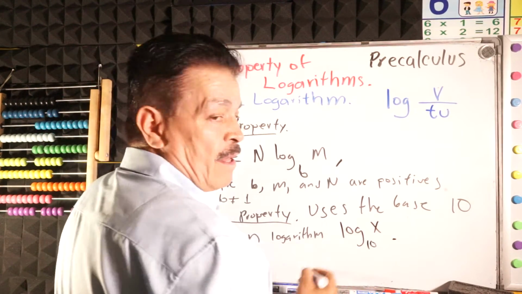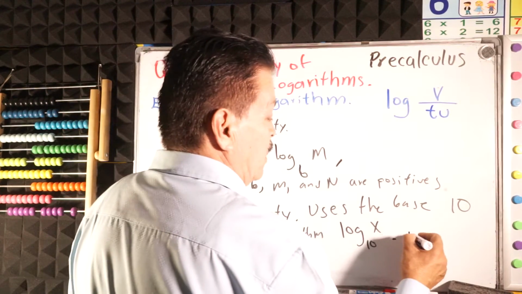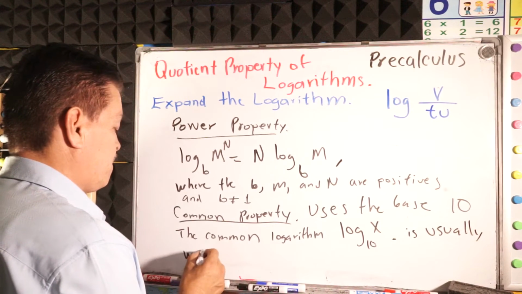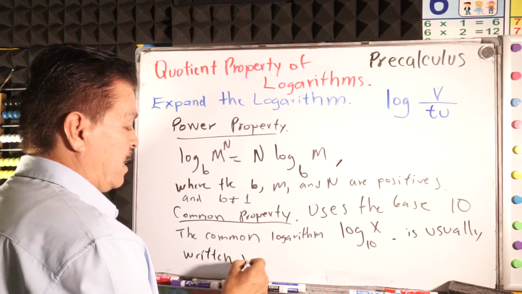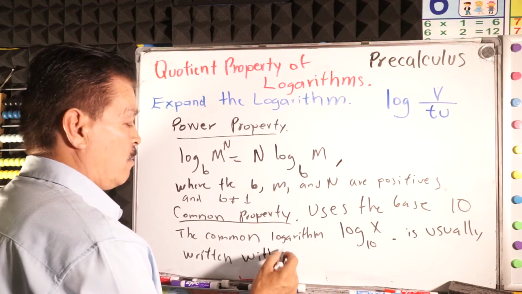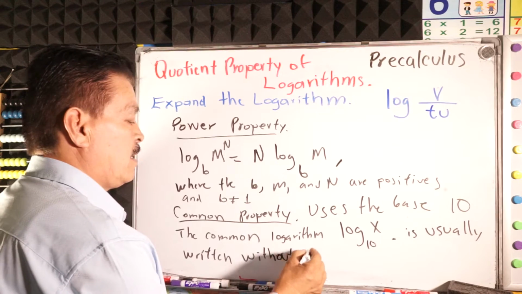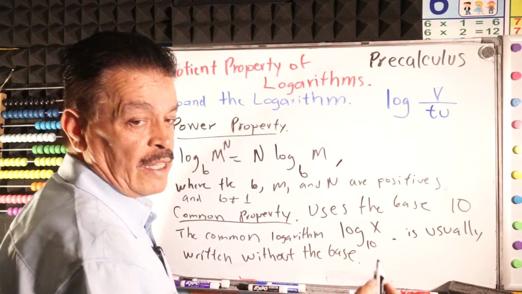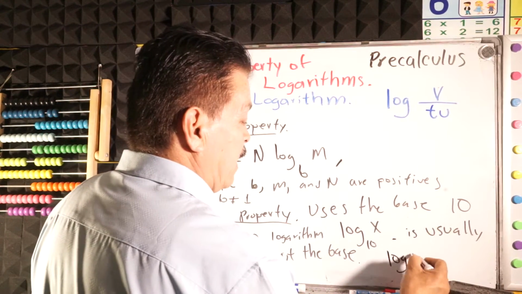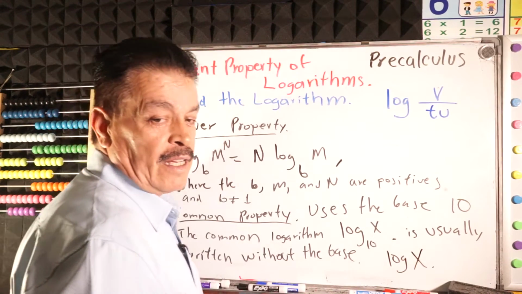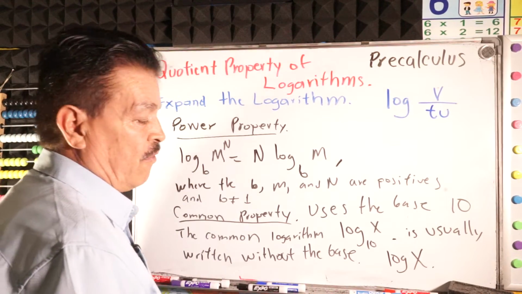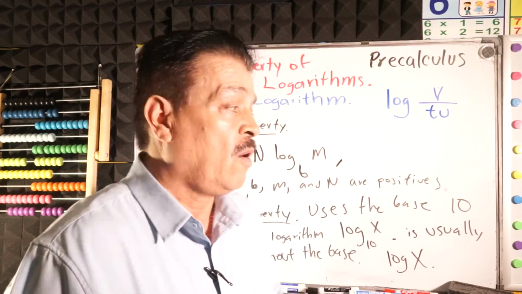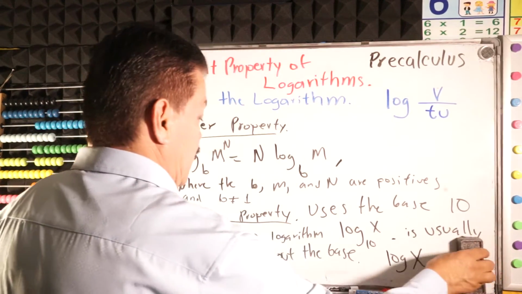And usually it is written without the base, so we write only log x, like this. These are the four important properties that we have to memorize, or at least recognize, when we work on this kind of problem.